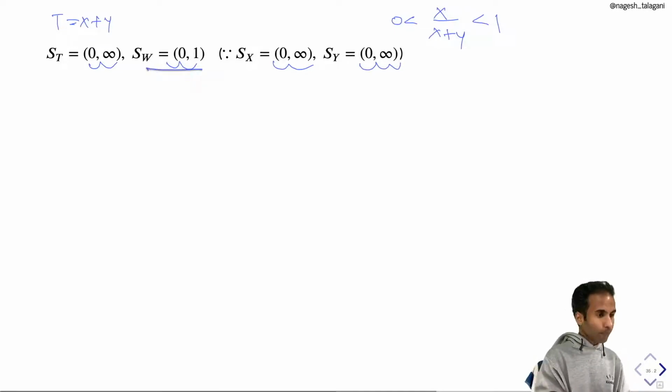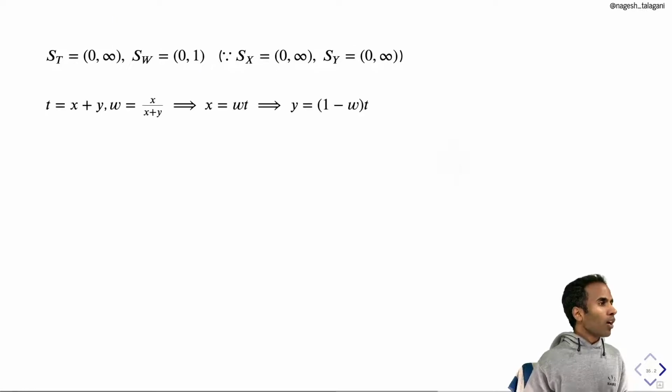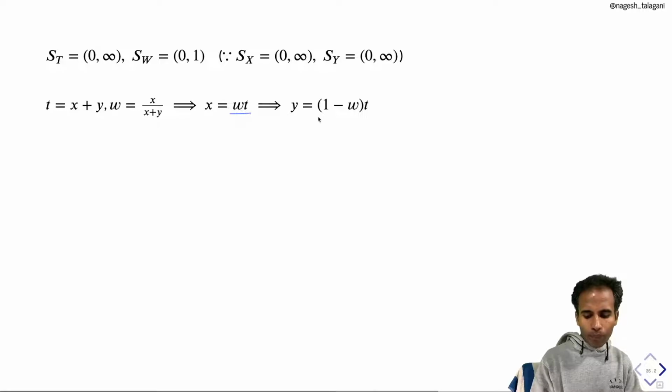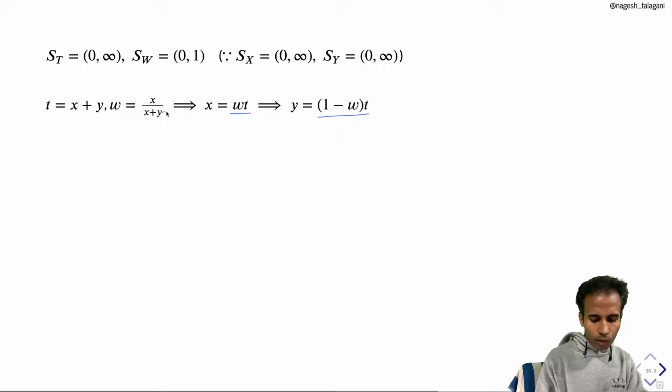Fine? Okay. Now, the transformations t equal to x plus y, w equal to x by x plus y can be uniquely solved for x and y like this. x equal to wt, y equal to 1 minus w times t. Here, x plus y equal to t, right? If you plug t here, after cross multiplication, you will have x equal to wt. If you plug in wt here, then y is going to be t minus wt, that is y equal to 1 minus w times t.